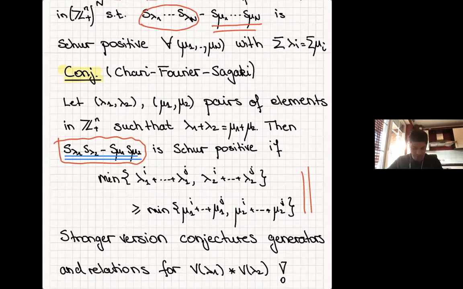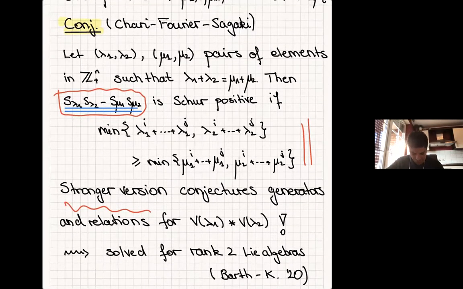This stronger version implies the conjecture of Chari, Fourier, and Zagaki, and especially the maximality property of the one which came from the second example discussed above. As far as I know, this stronger version is solved only in special cases, for example in SLN, when you take lambda 1 and lambda 2 to be fundamental. And in full generality, as far as I know, it's solved for rank 2.